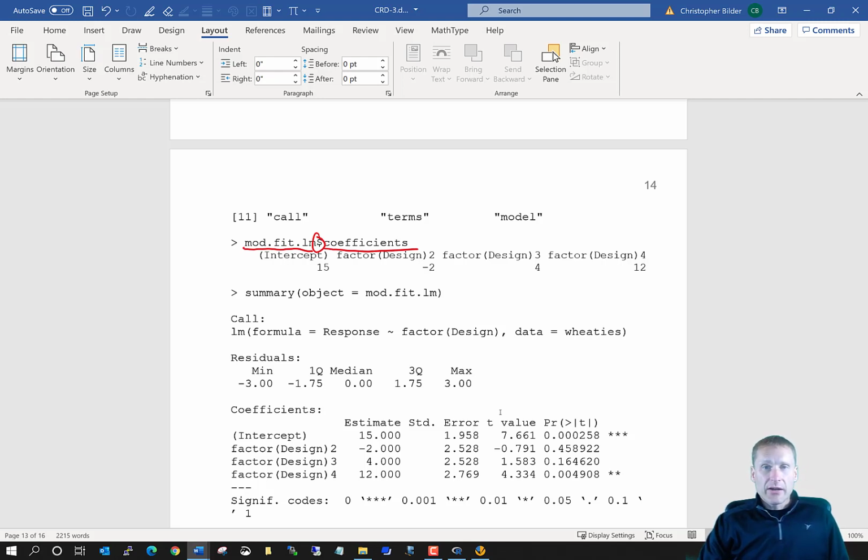And what we get here is our parameter estimates. Here's mu hat. Here's alpha hat 2, alpha hat 3, and alpha hat 4. So just to come back here, this is located on page 14 of the notes.